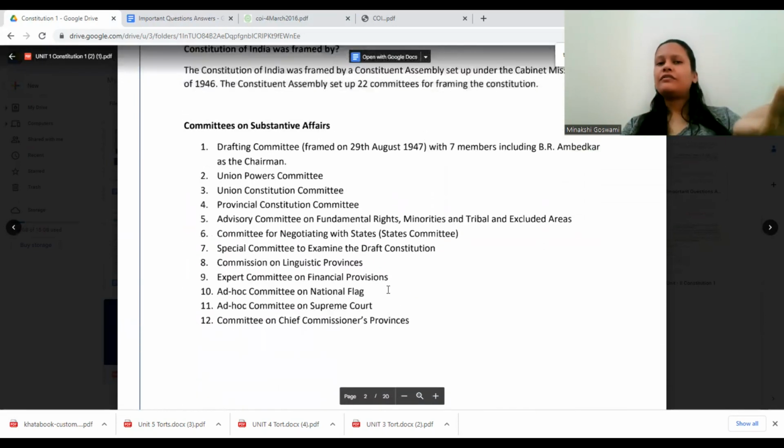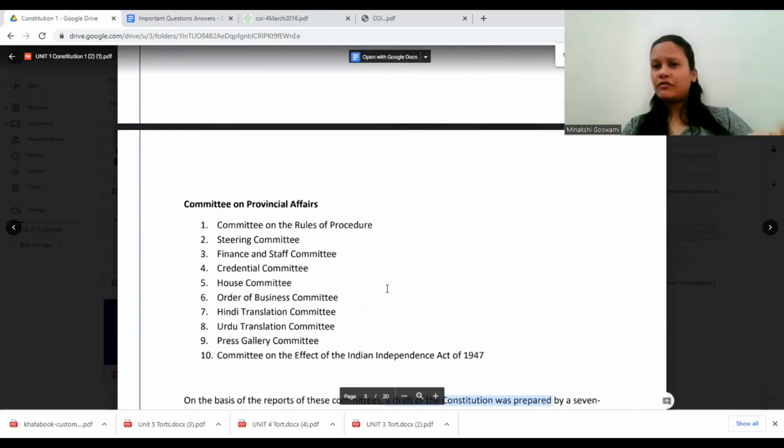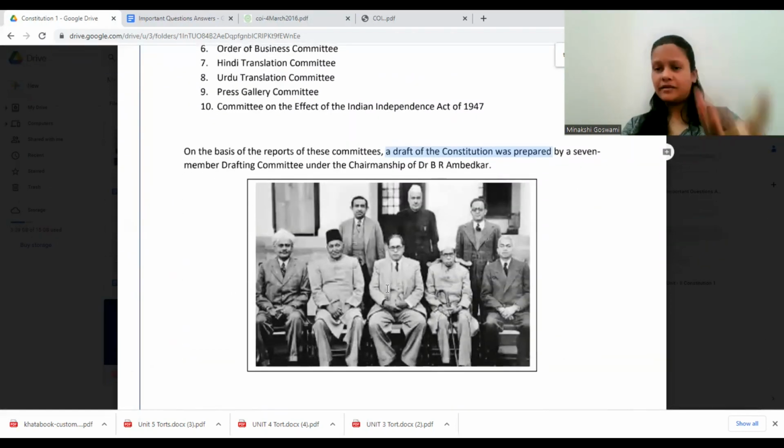Now, even though different committees were framed, and a lot of different members gave their viewpoints, there still was a possibility that only a limited section of the population was involved in drafting the constitution. There is a possibility that common men also might have better suggestions, better viewpoints.